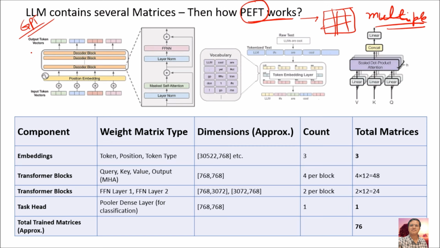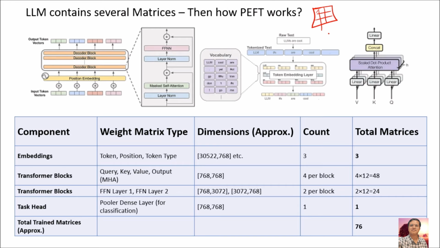They contain multiple decoder stacks inside, and outside the decoder blocks they contain some embedding components, and after that the final application layer. Now the question is whether the large language model contains a single matrix or multiple matrices.